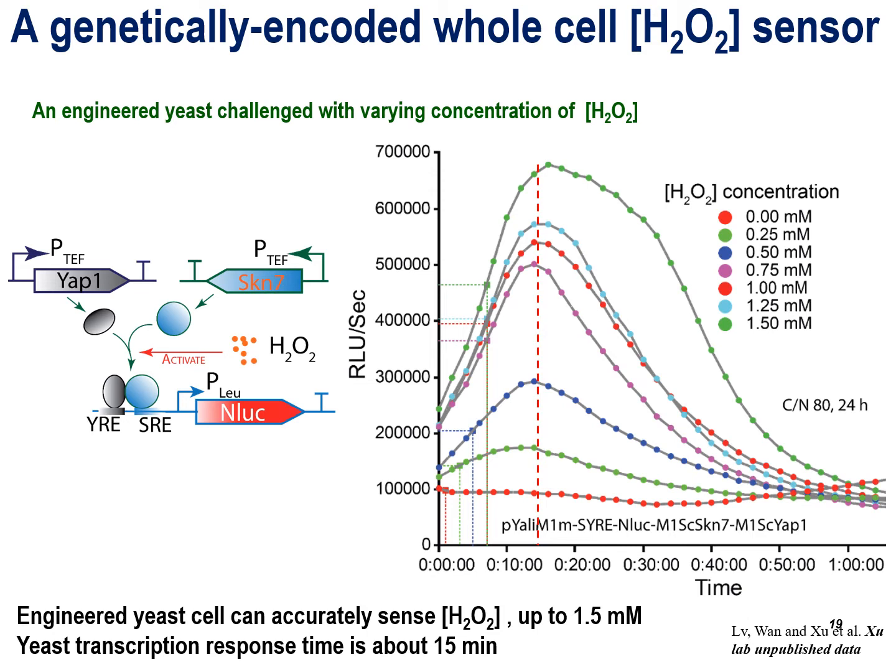Until 1 hour, we see the luciferase signal get back to normal. So there's another piece of information we want to note: the yeast cell can very quickly adapt to changing hydrogen peroxide concentration. Around 10 to 15 minutes, they can quickly take action and start to bring down the oxidative stress signal.